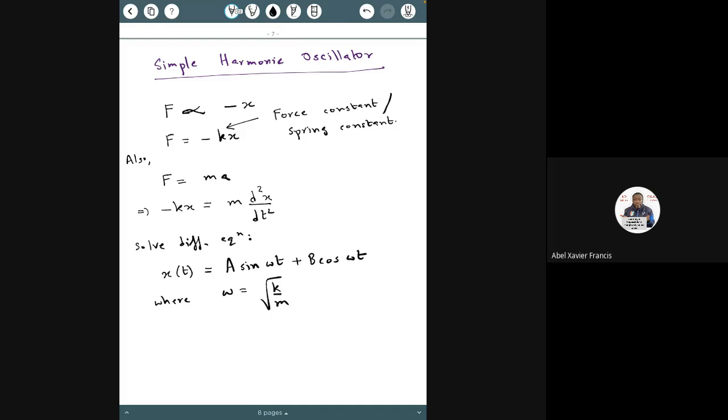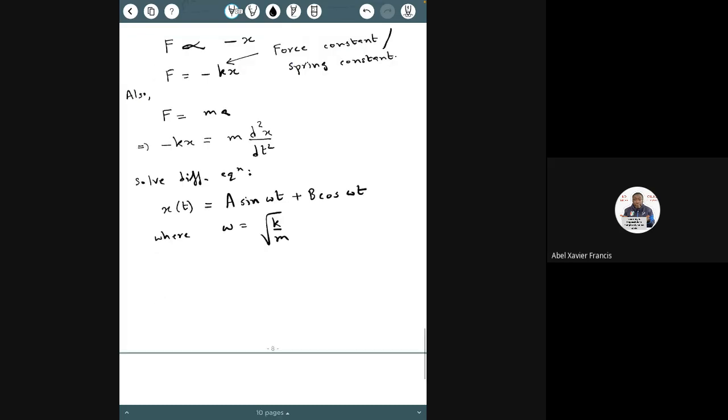So this comes simply from solving this differential equation. This is also similar to the differential equation we solved for the particle in a box as well.